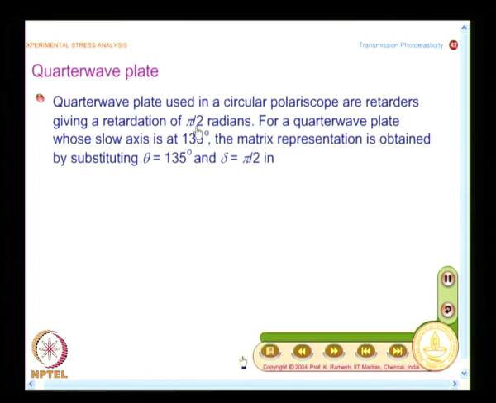So, we know the retardation, and we keep the quarter wave plate at appropriate angles. One such angle is 135 degrees, the other angle is, you can also keep it at 45 degrees, and look at how the retarder is represented.